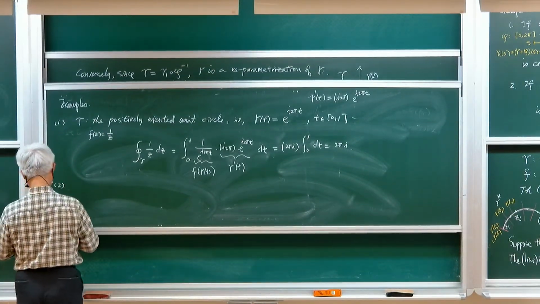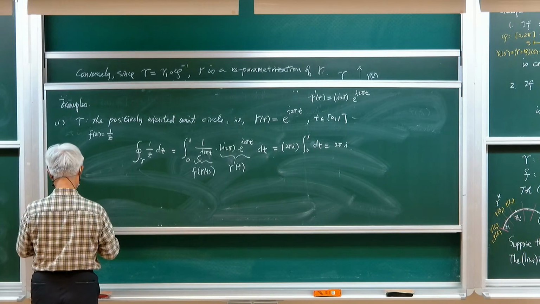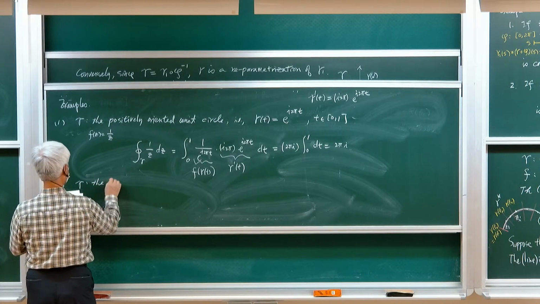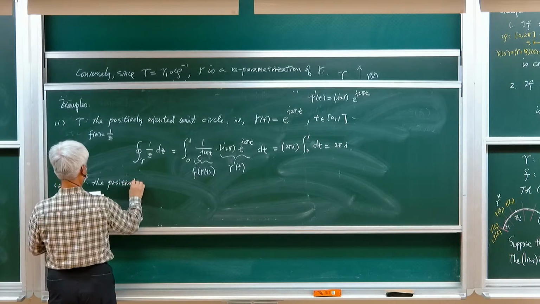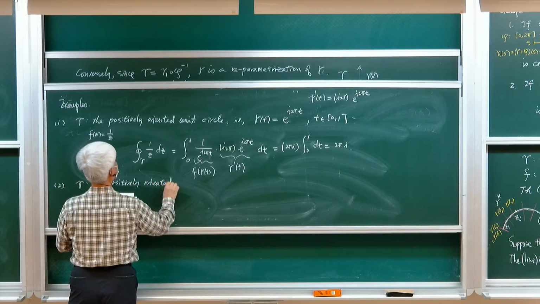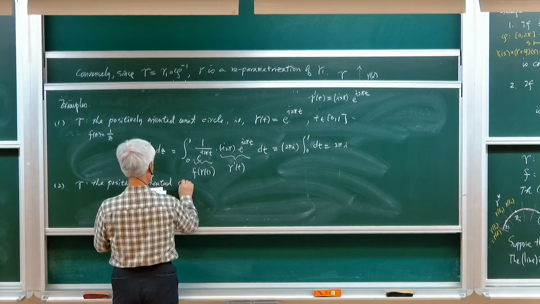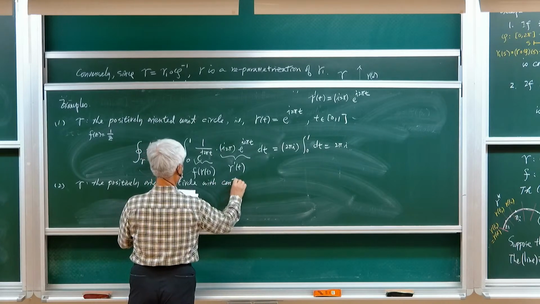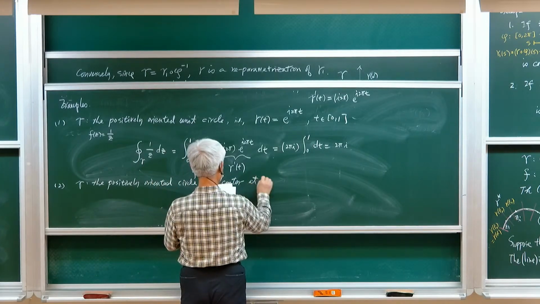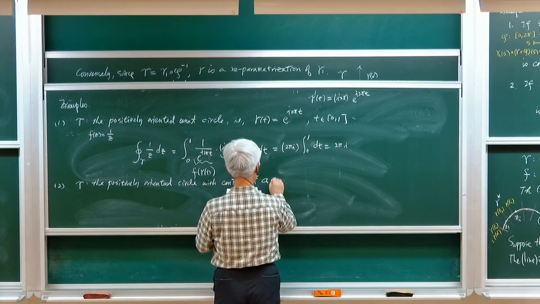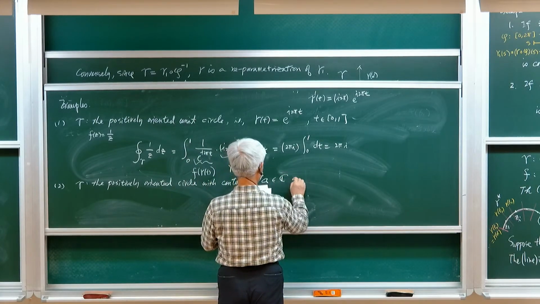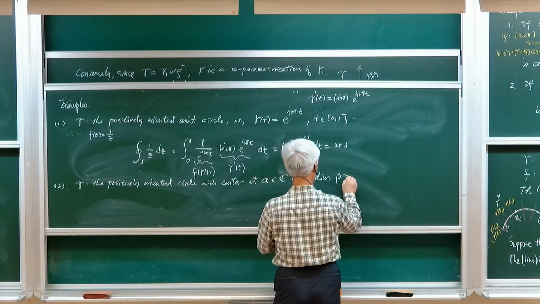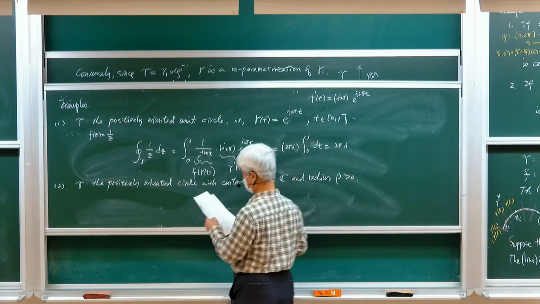The second example, gamma is the positively oriented circle with the center a and the radius rho.